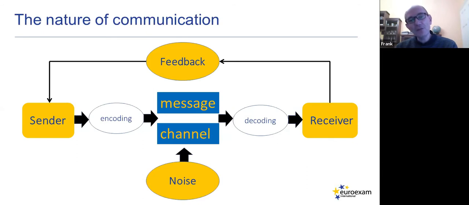Also, noise can be physical in the sense that if we are very tired, and I think we all know this when we're using a second language, we tend to make many more mistakes and everything's much more difficult. So different kinds of noise can interfere with the process of communication.